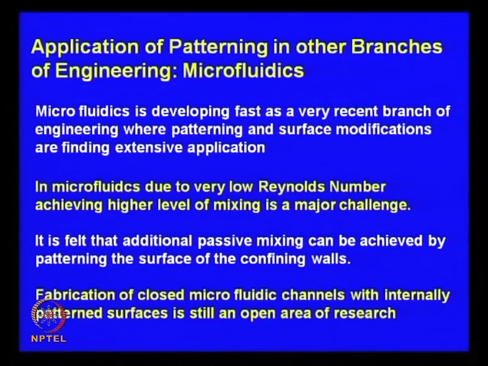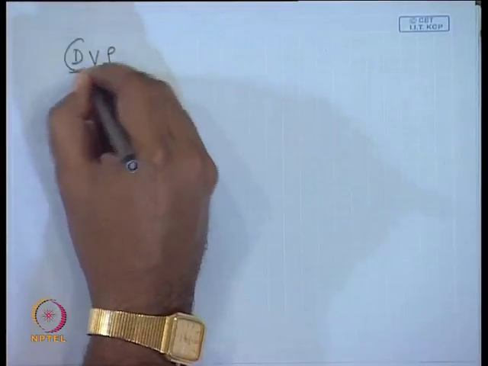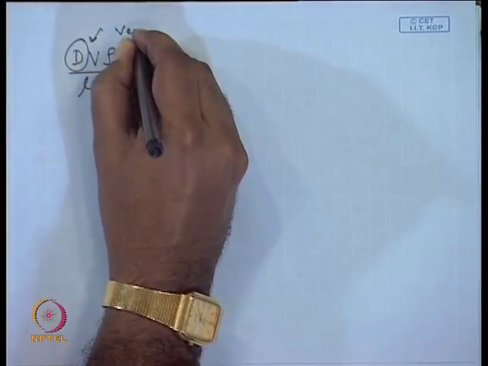Now, whenever you talk about fluid mechanics, the first thing that comes to your mind is the Reynolds number. That is what, as an engineer or as a chemical engineer, you use to distinguish a flow. The expression for which goes as dV rho by mu. Now, the issue is that the moment you talk about a micro scale conduit, the parameter d out of this dV rho by mu becomes very, very small.